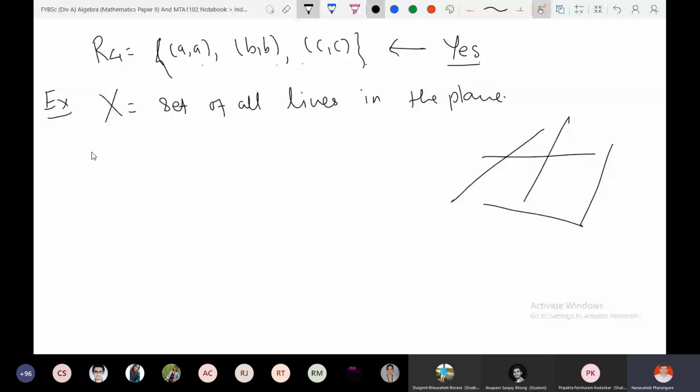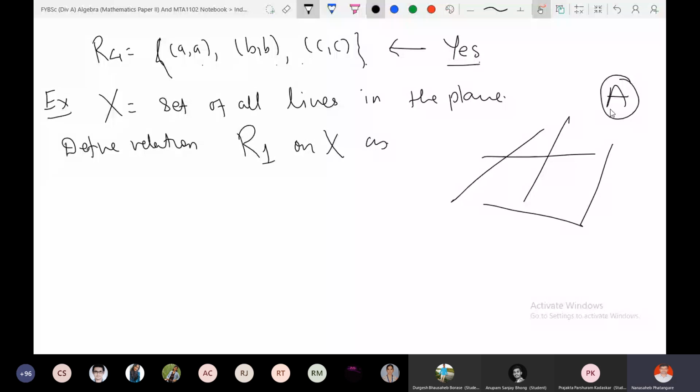So define relation R1 on X as follows. Now what are the objects? I want to choose one object from this set. Suppose I have a set of all students from A division, then what are the objects?